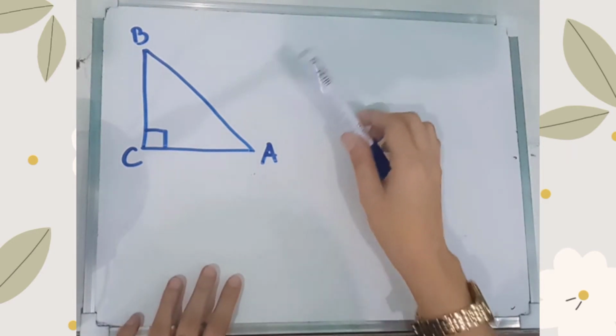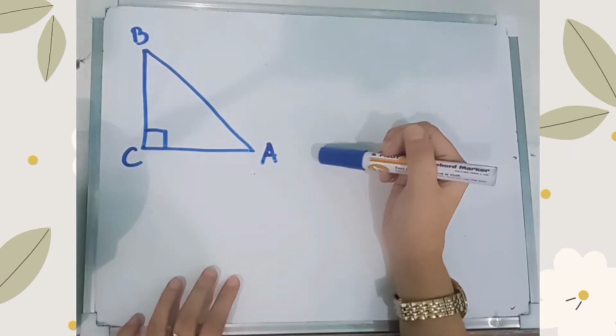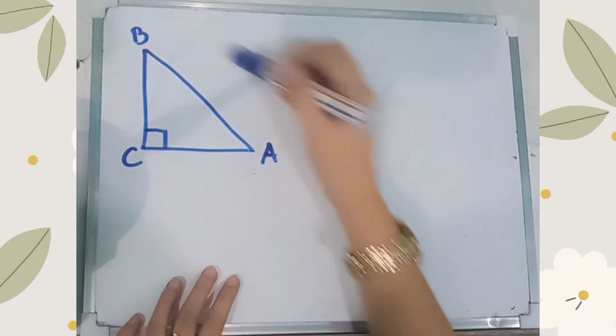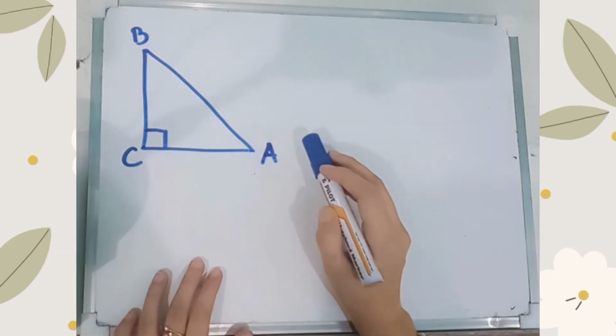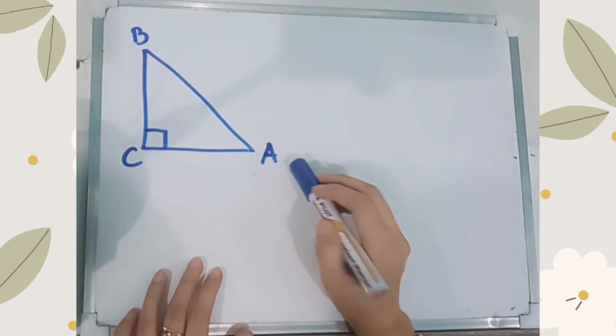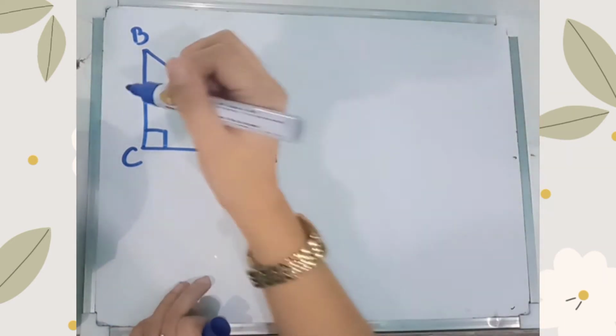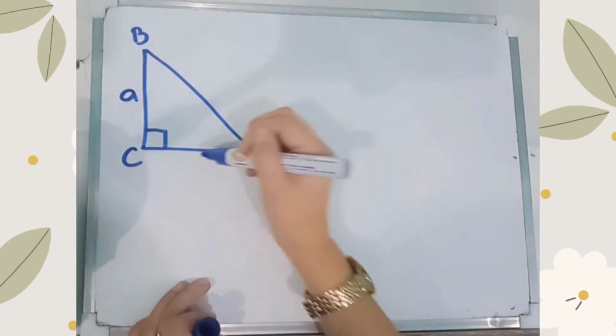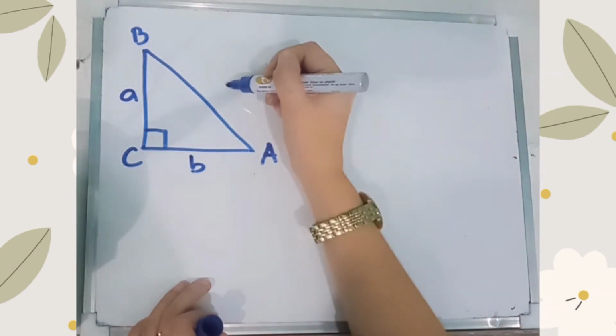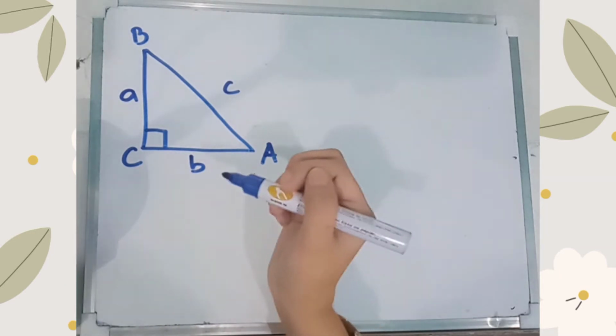Here in our illustration, we have triangle ABC. If we name the sides opposite a certain vertex, this is side a, this is side b, and this is side c.